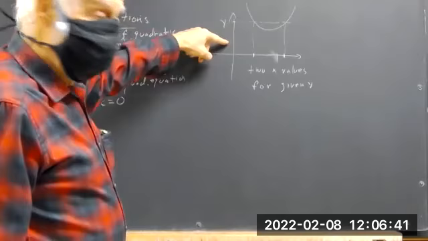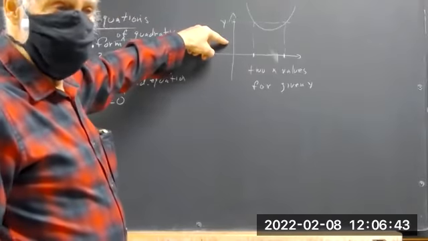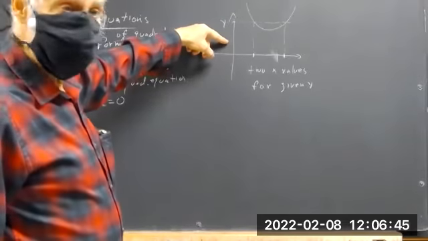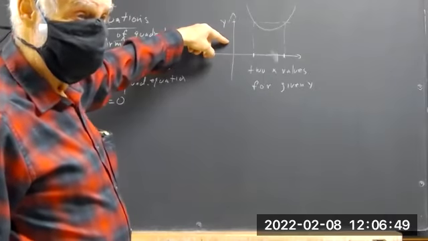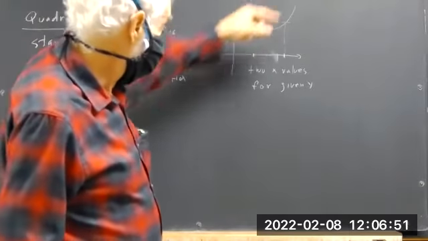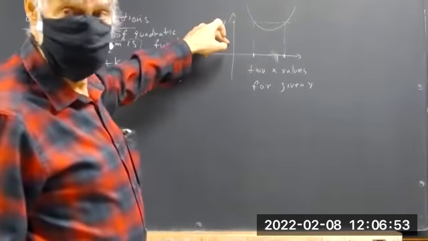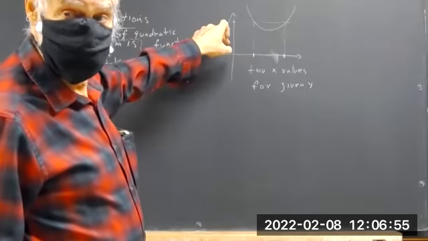Now, let's put y down here. Show me with your fingers how many x values there are that give you that. Yeah, there aren't any. There's no point here that has the y coordinate down here, is there? Okay.